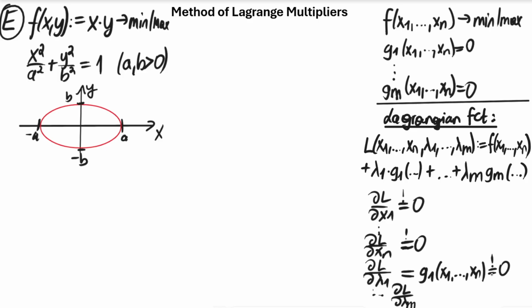So this means we fulfill our given constraint, which actually was given automatically now. And the same for all the others. So the Lagrangian differentiated with respect to lambda m is then gm of x1 to xn, and this is also set to 0.